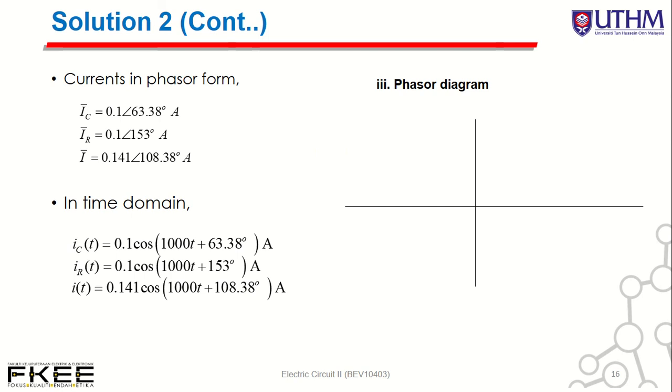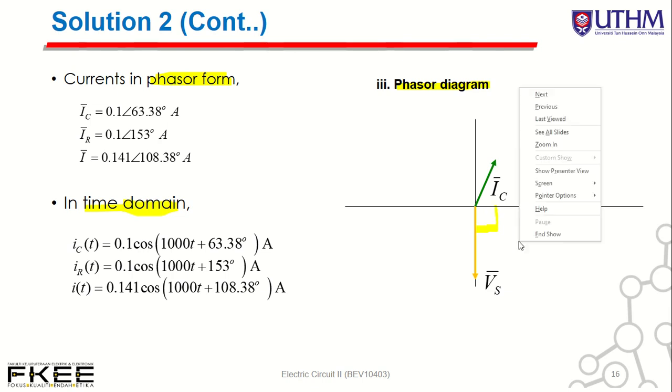Okay, so next you need to draw the phasor diagram. So you have the current in phasor form: currents IC, IR, and I. This is the current in time domain. In order to draw the phasor diagram, you need to refer to the current in phasor form. First of all, you can draw VC, the V supply, angle minus 90.